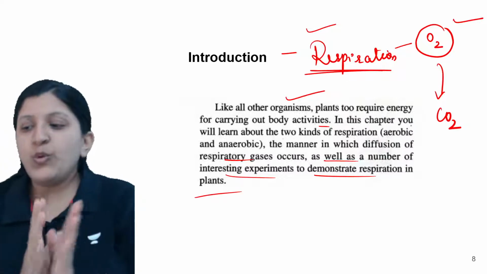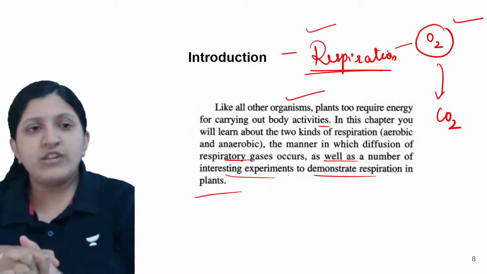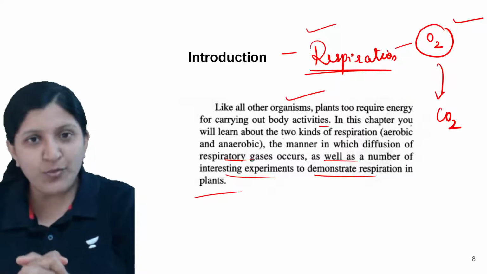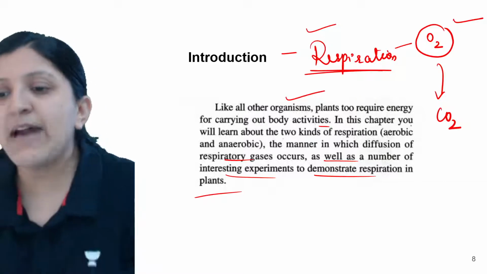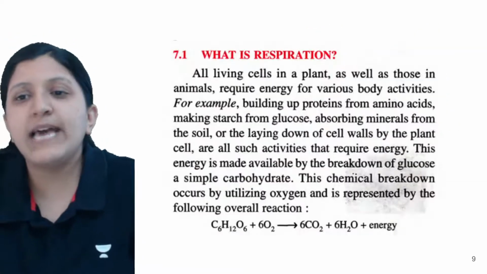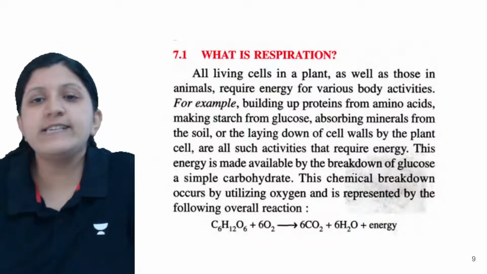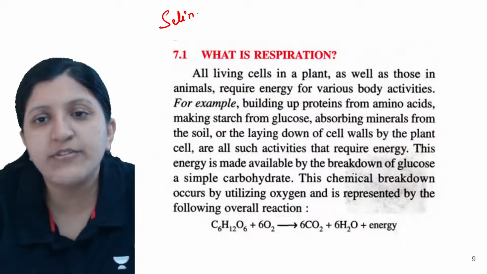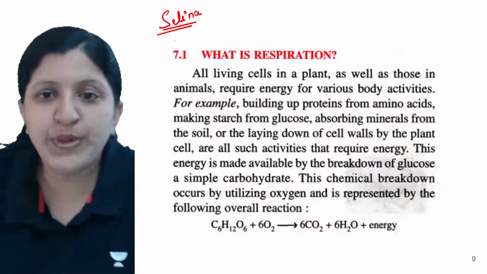You will know the importance of aerobic respiration, and you will also look at the products of anaerobic respiration. So let's have a look at what exactly respiration is. Whatever I have added here is taken from Selina itself. So what exactly is respiration?